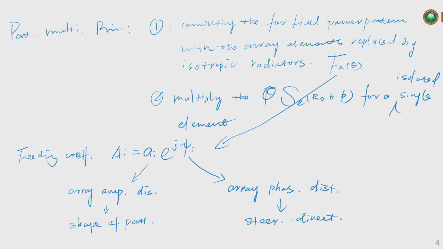So first, the uniform phase distribution. Which means for each element, the phase part is, of course, a constant.